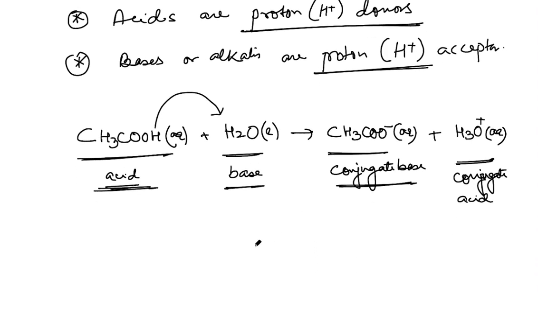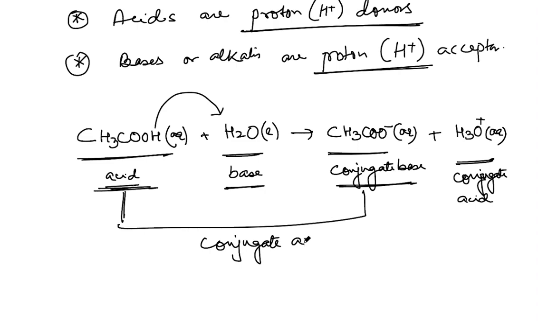So these two, acid and its conjugate base, are known as a conjugate acid base pair, and these two are another conjugate acid base pair.